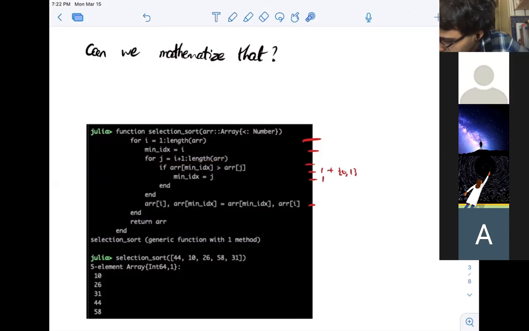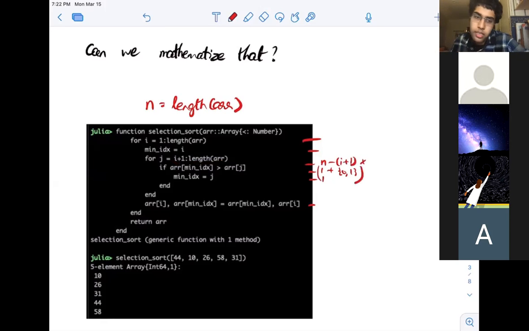So it's ending at length of the array and it's starting at i plus 1. So I'm going to say length of the array is n. So this would be n minus i plus 1 multiplied by this thing, the 1 plus or maybe 2.